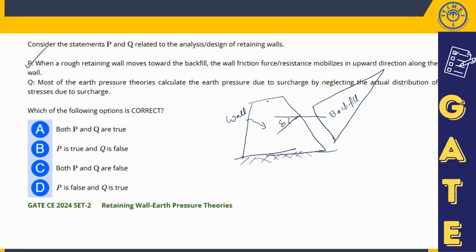This is at an angle delta. Passive force, PP means passive force. Then the angle of friction will be mobilized upwards like this, inclined upwards. And passive force will be in this direction, moving towards the backfill.